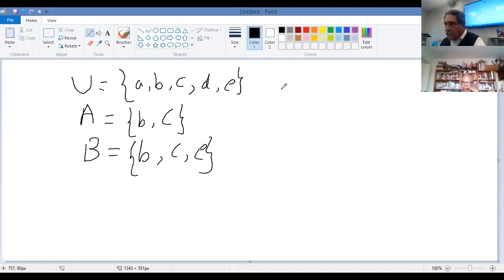And we want not A intersection with B, but then make the whole thing not.